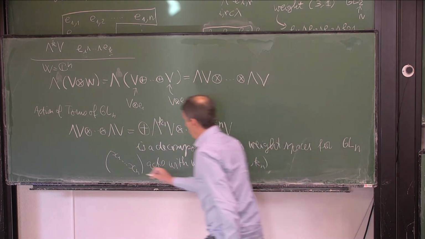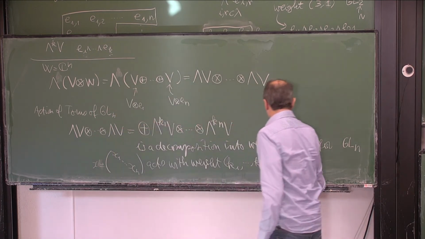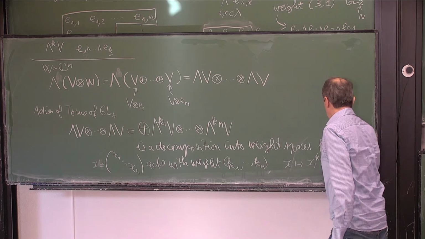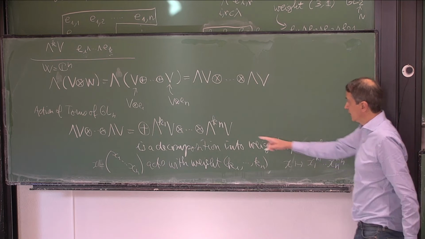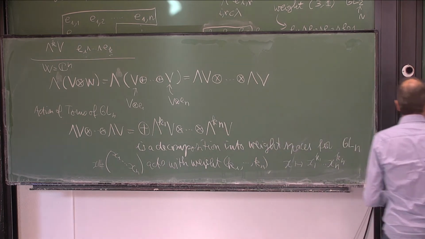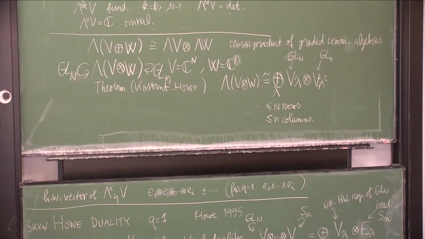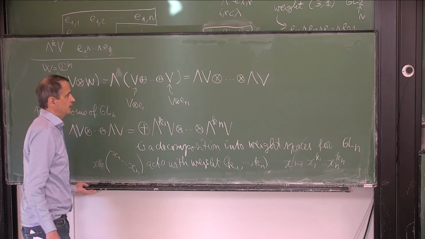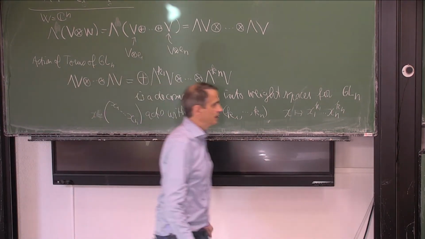So x is mapped to x1^k1, up to xn^kn. So this is the action on this tensor product of exterior algebras in this decomposition. The weight spaces are the irreducible representations.